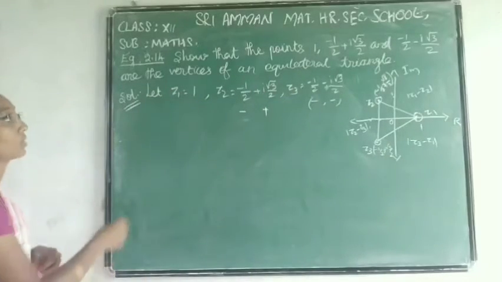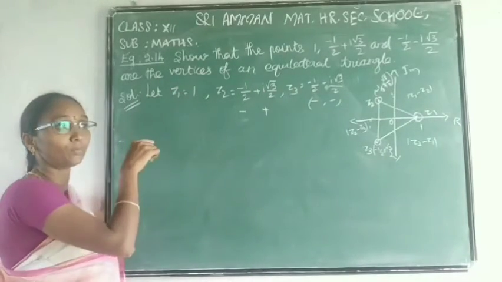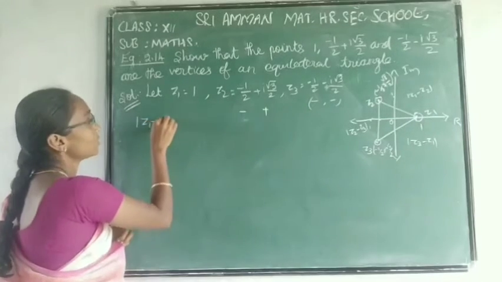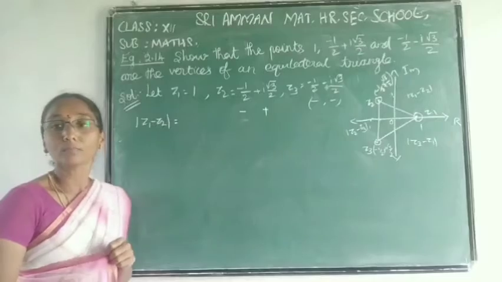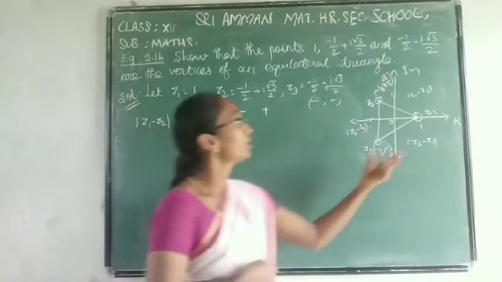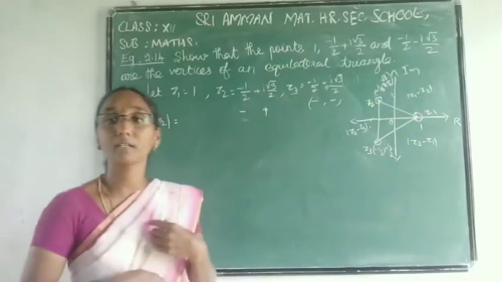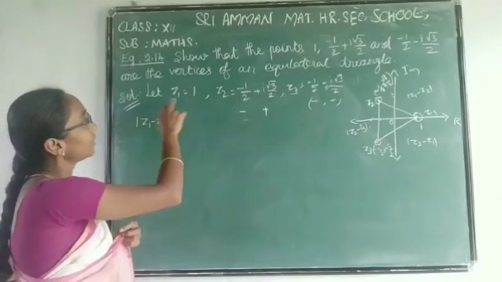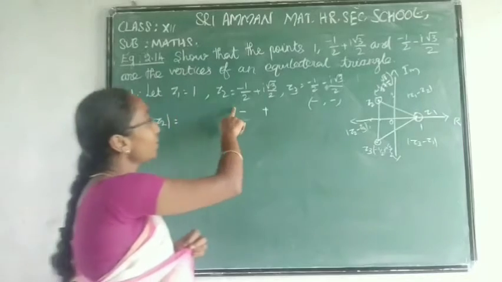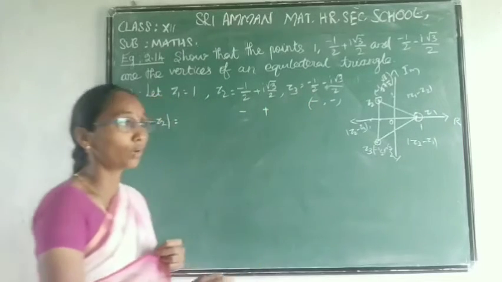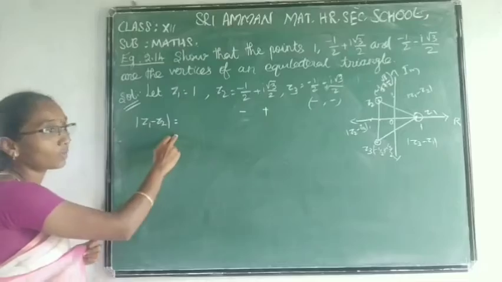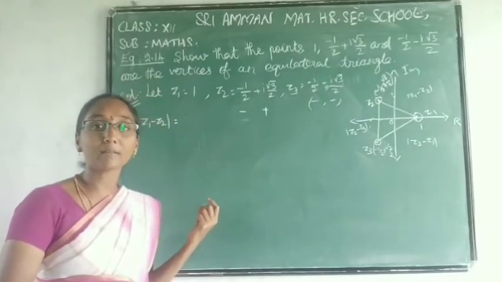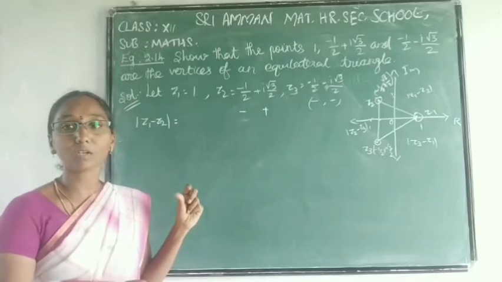For what purpose do you write modulus of z1 minus z2? It is the length of this side of the triangle. If I suddenly write z1 equal to this, z2 equal to this, and z3 equal to this, you would not know the purpose.